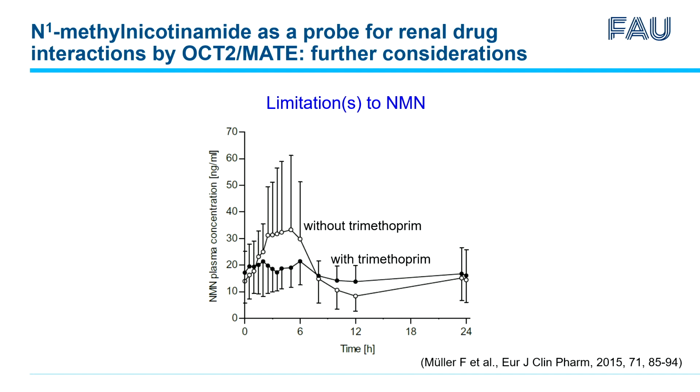And interestingly, OCT2 MATE inhibitors like trimethoprim reduce this circadian variability.